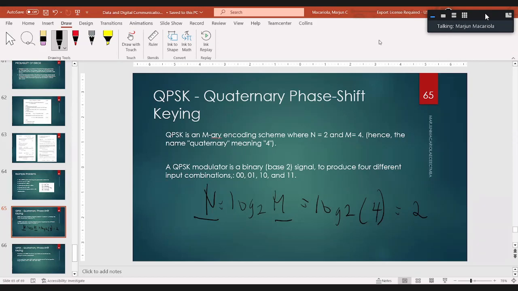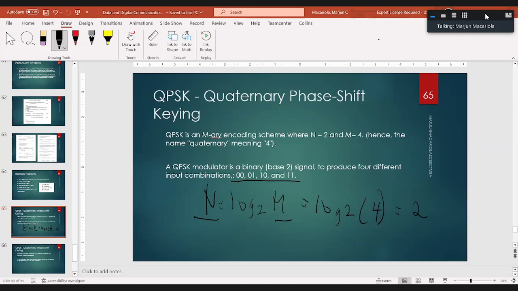Then, hence, the word quaternary or quadrature means 4. Okay? So remember that a QPSK modulator is a binary base signal which has 4 different input combinations. So QPSK is called QPSK for the reason that first, it has 4 different input combinations which are 00, 01, 10, and 11.